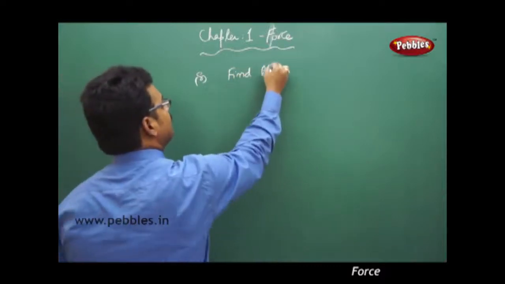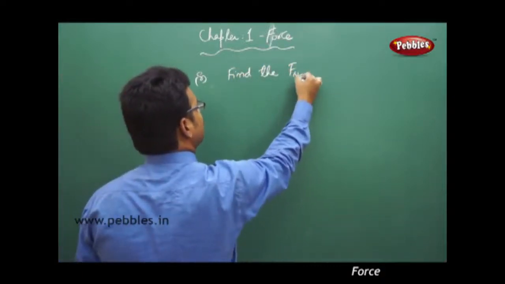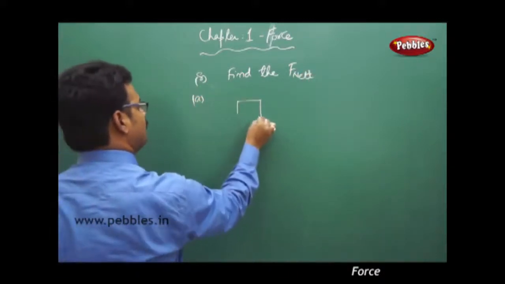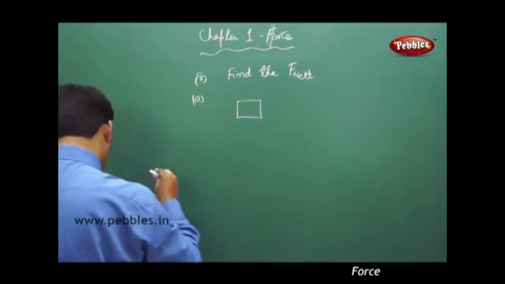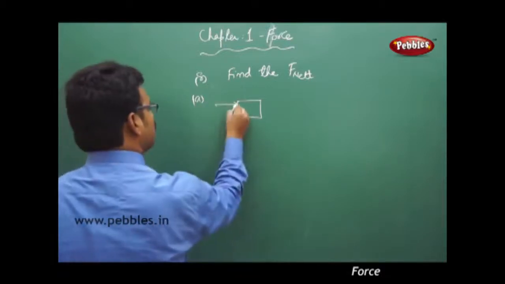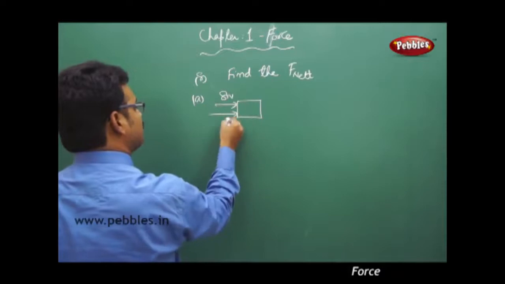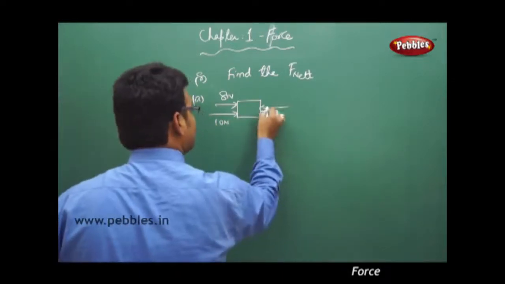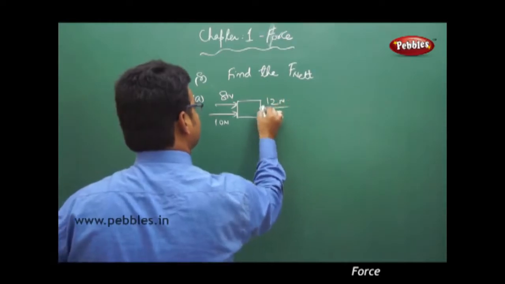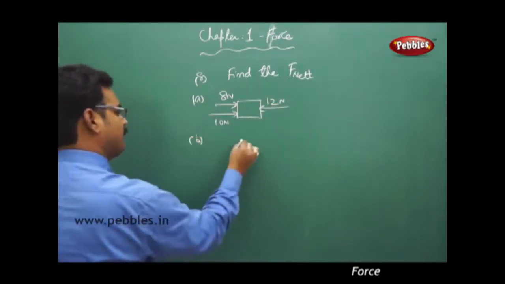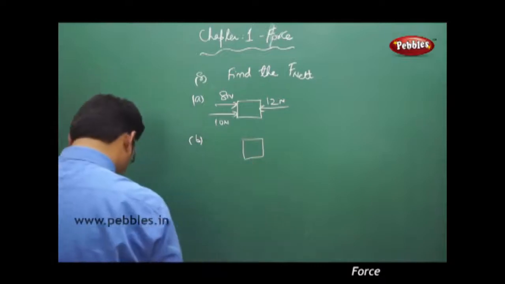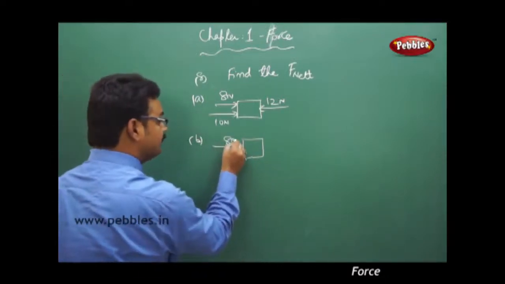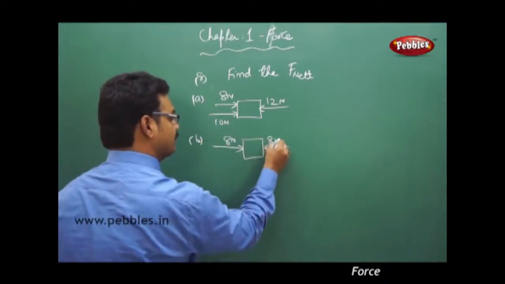Find the net force. First one, there is a block. Two forces are acting, 8 Newton, 10 Newton, and another force acting, 12 Newton. Second one, again a block. This is 8 Newton, this is also 8 Newton.